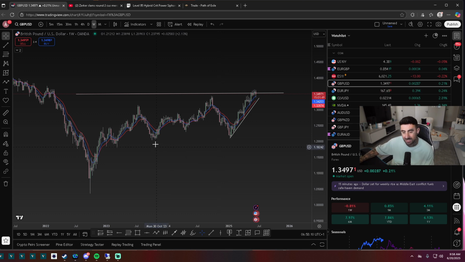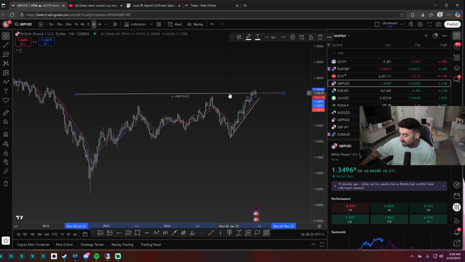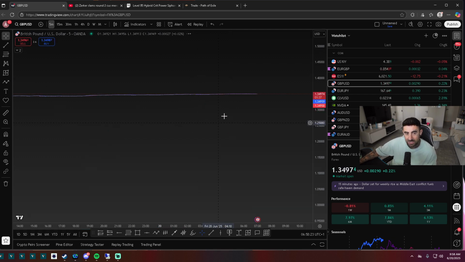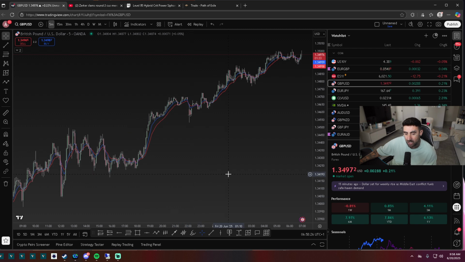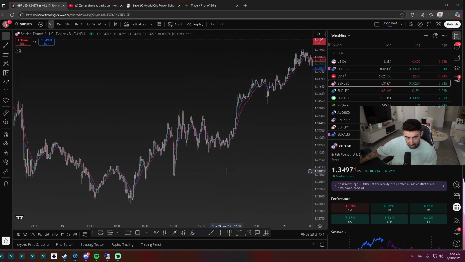But market structure is just something you have to visualize on the chart. You have to understand what is trending, what is not trending, what is consolidating, all that sort of stuff. And like I said, the lower you go with the time frame, the more noisy stuff you're going to get, right?